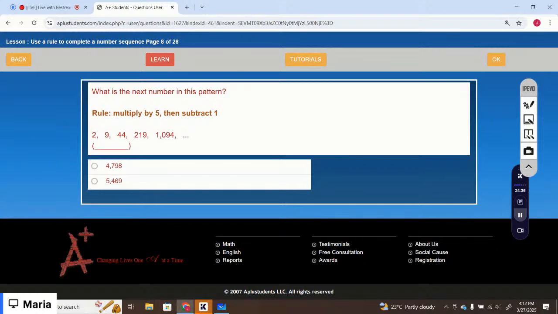What is the next number in this pattern? Option 2 is the correct option.